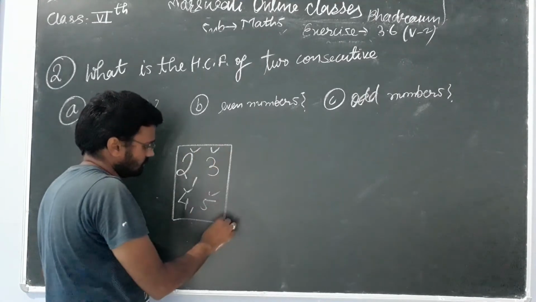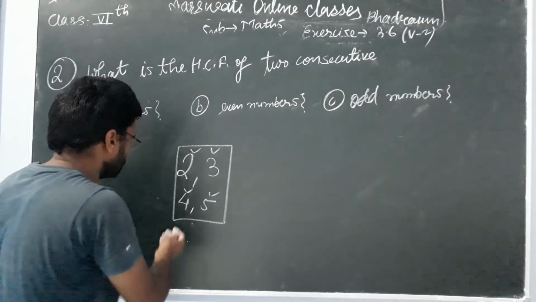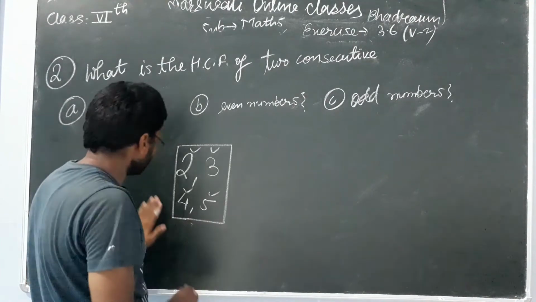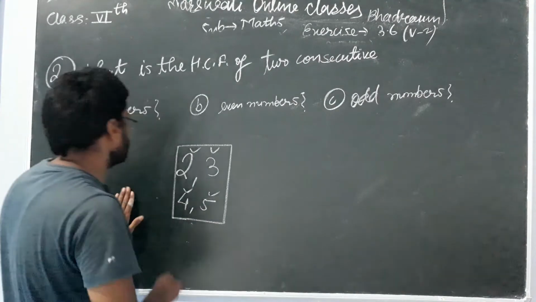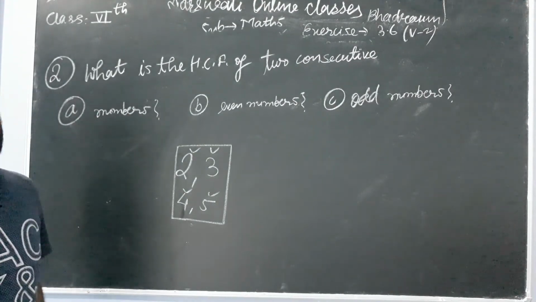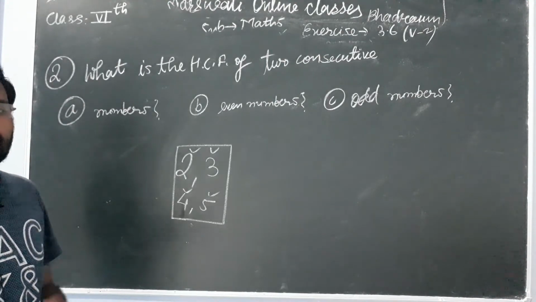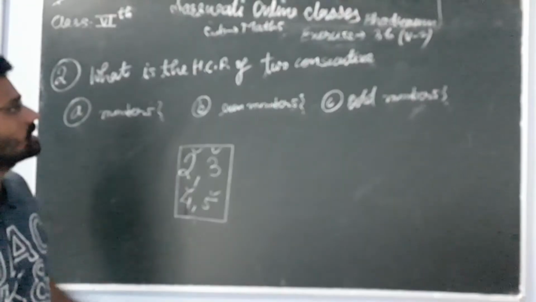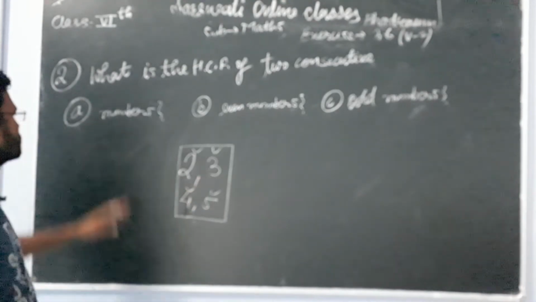First number will be even and second will be odd only. Whenever we take HCF of one odd and one even number that are consecutive, we get only 1 as common.